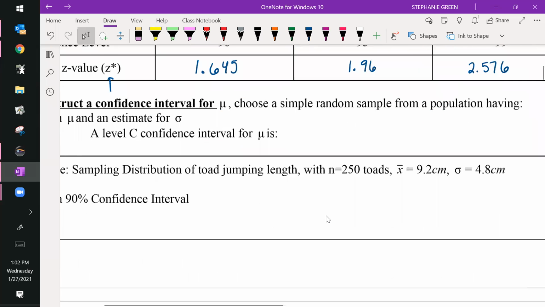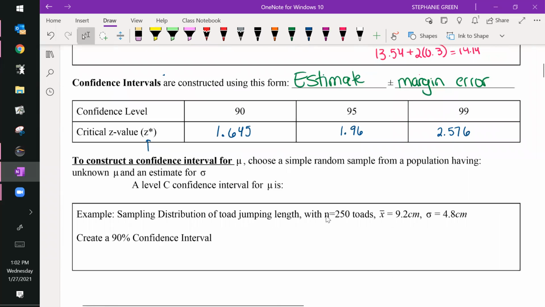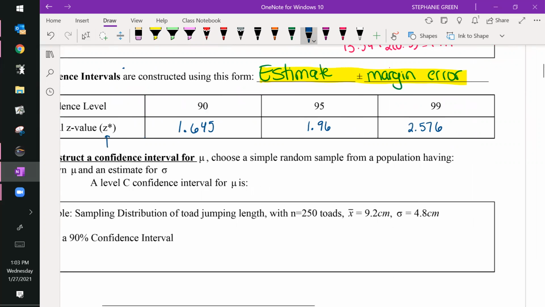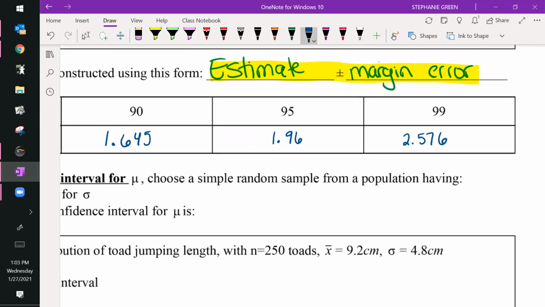So as we said before, confidence intervals will always be your estimate plus or minus your margin of error. Now, when we're looking at sample means in a sampling distribution, we can be a little more specific. Our estimate, if we're estimating a population mean, is the sample mean of a sampling distribution.